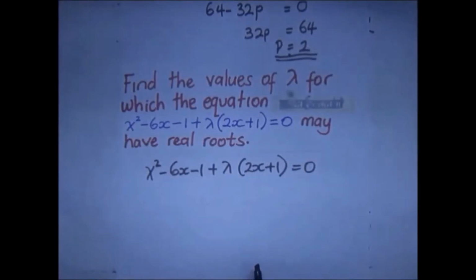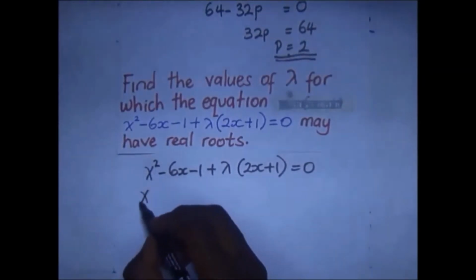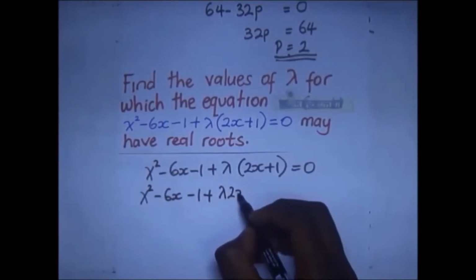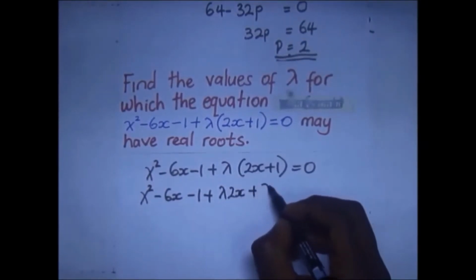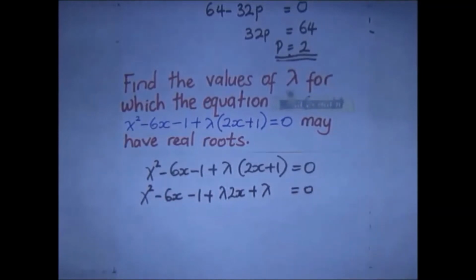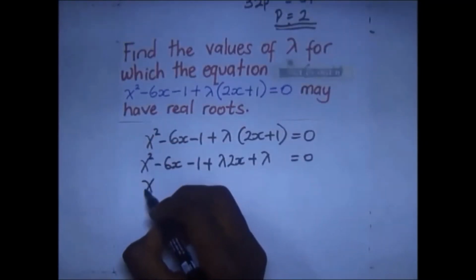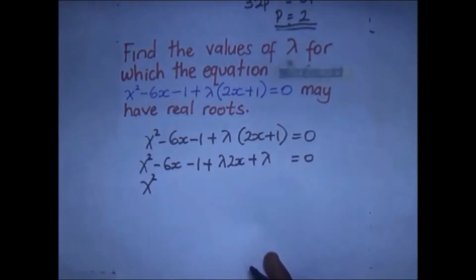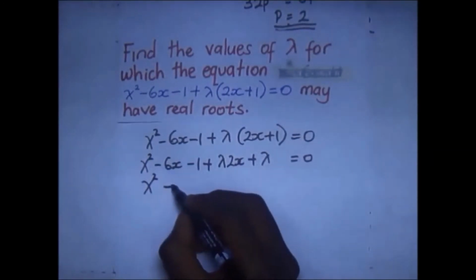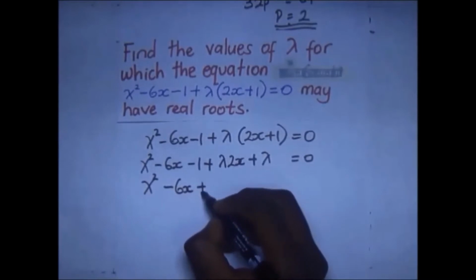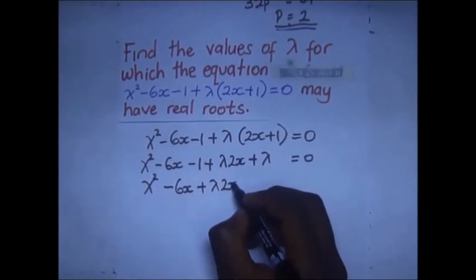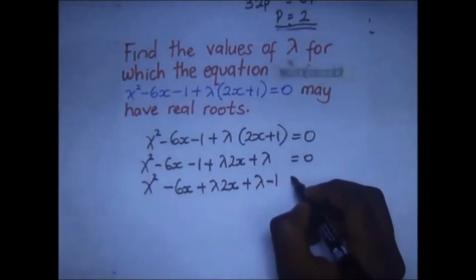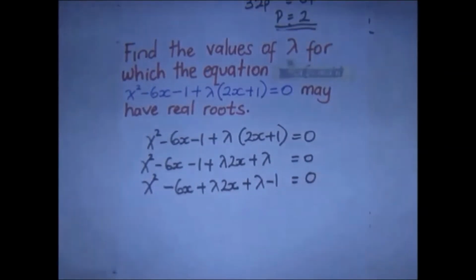After substituting that, then lambda 2x plus lambda is going to be equal to 0. X squared, we collect like terms. We put the expressions with x alone, that is minus 6x plus lambda 2x, then we have plus lambda minus 1 is going to give us 0.